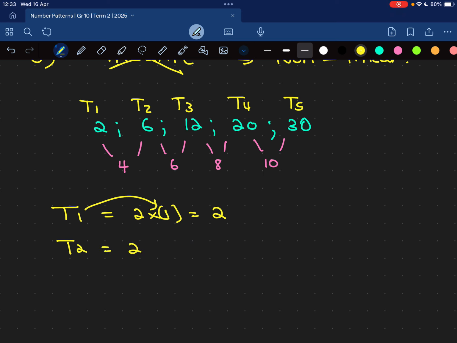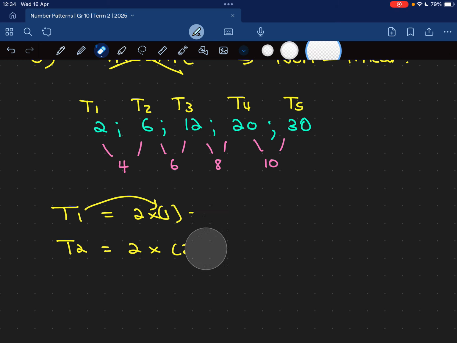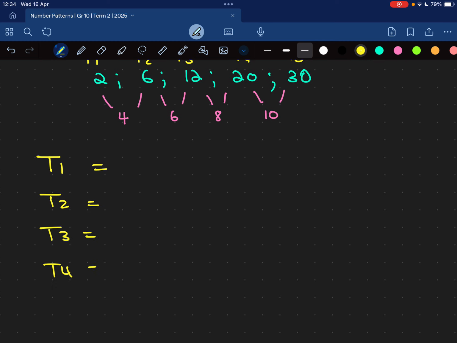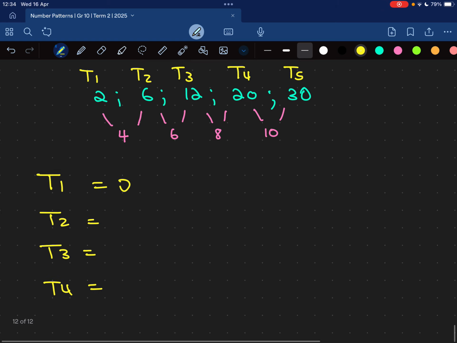But if I say T2 and I use the same principle, it doesn't work. Okay, I get 4. So I need to then figure out a different method, okay, because that didn't work. So I know that T1 is 2, T2 is 6, 12, and 20. Okay, we're not really going to look at 5 because we don't really need it.